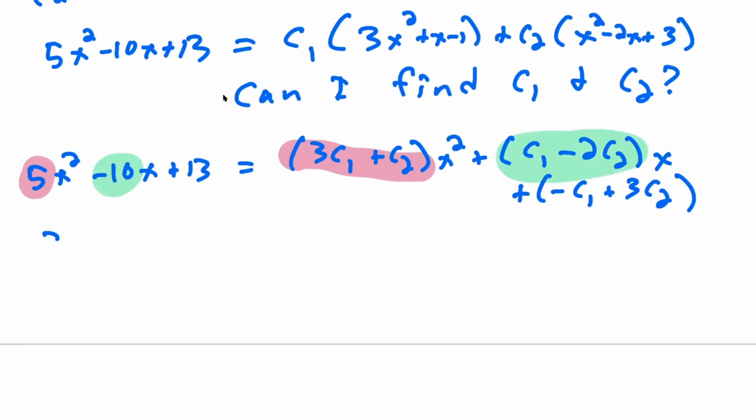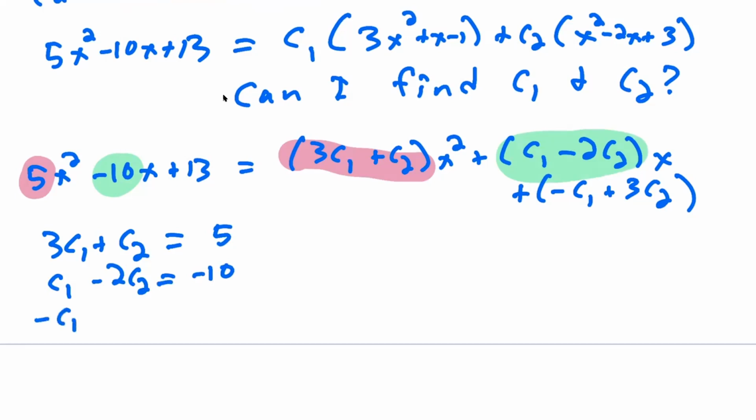So let's say 3c1 plus c2 is equal to 5. c1 minus 2c2 is equal to negative 10. And negative c1 plus 3c2 is equal to 13. Please check me to be sure I didn't make any mistakes.